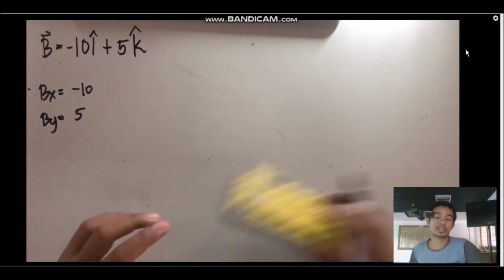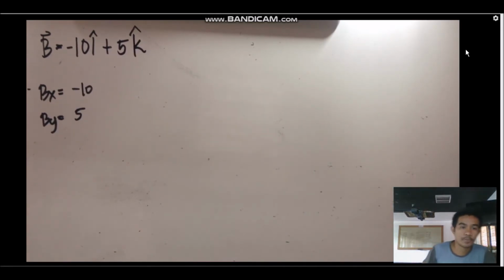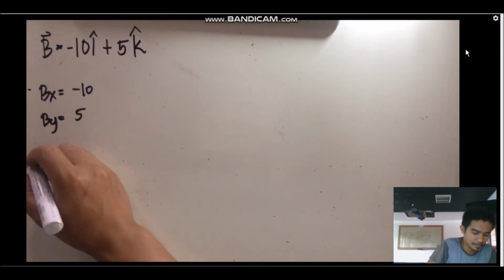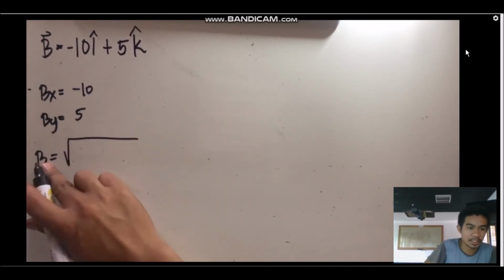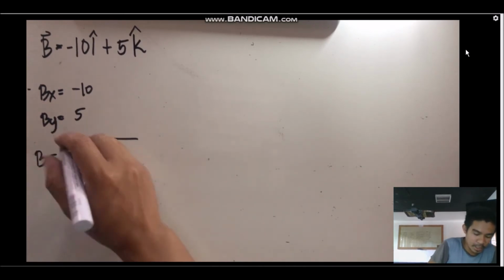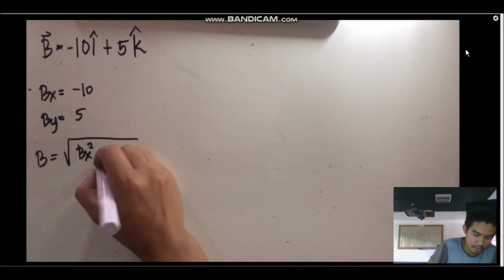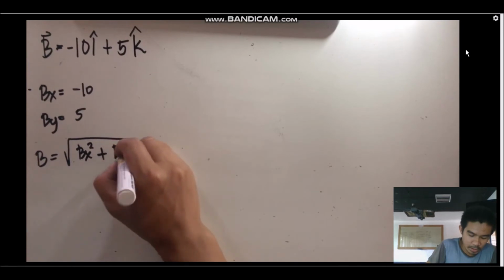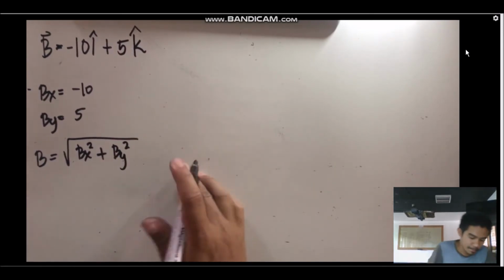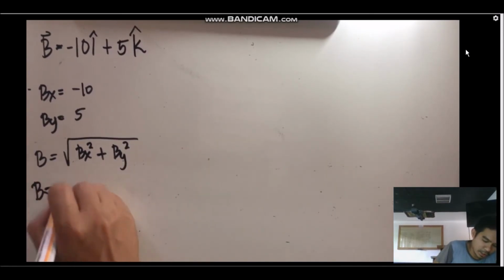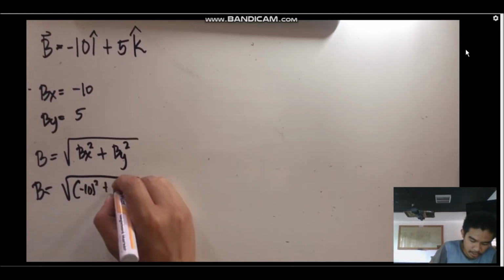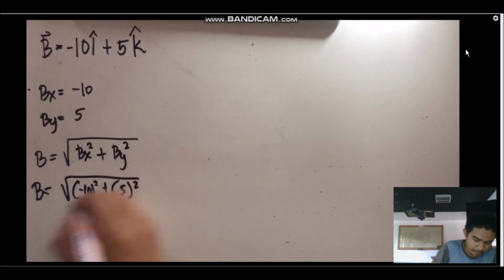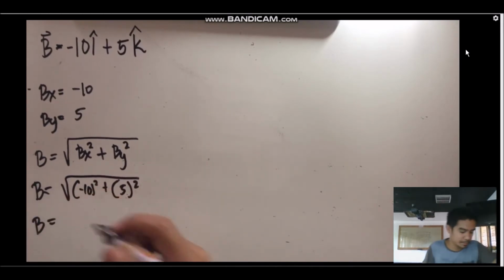So we'll obtain the magnitude of vector B. B is the square root of bx squared plus the square of the y component, so the square root of negative 10 squared plus 5 squared.